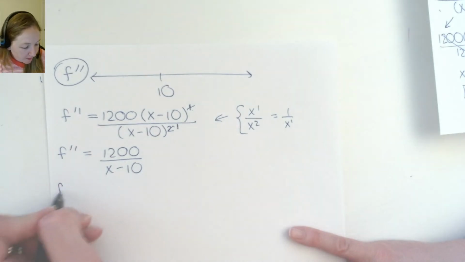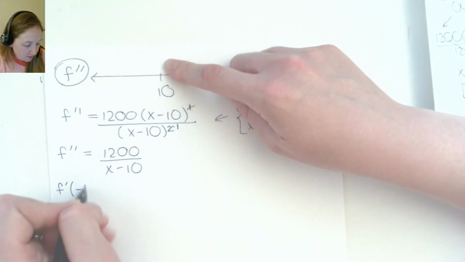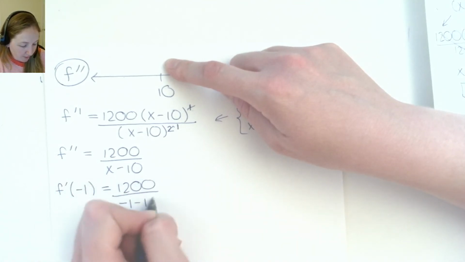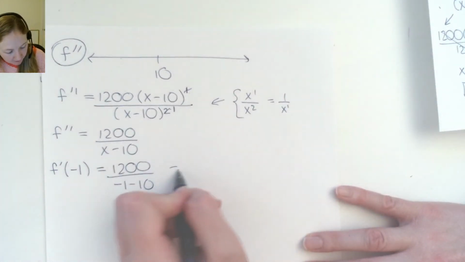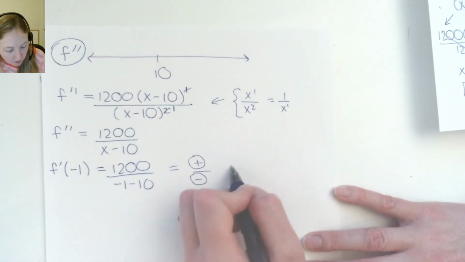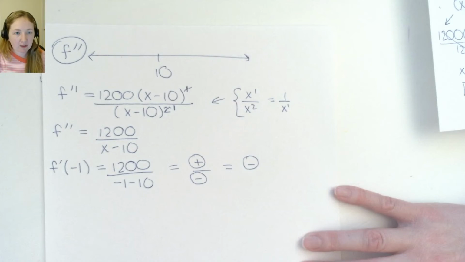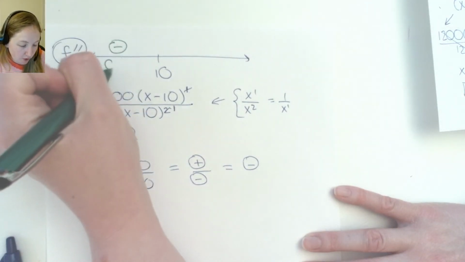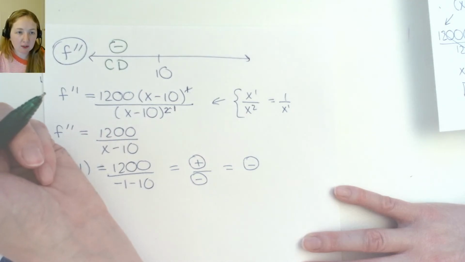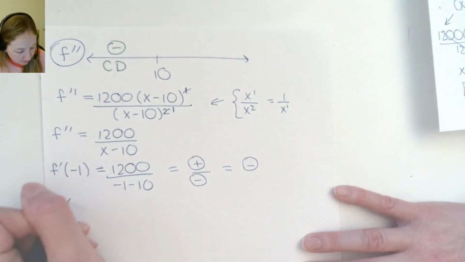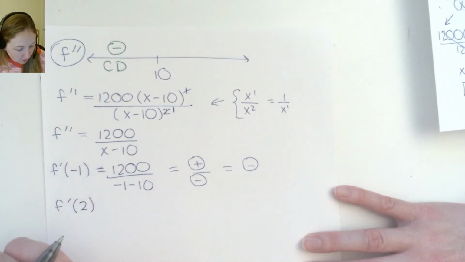So if I plug in a number to the left of 10, so let's say I plug in negative 1, I have 1200 over negative 1 minus 10. That gives us a positive over a negative. So that will give us a negative. So that negative tells us, because we're talking about the second derivative, that it's concave down. Meanwhile, to the right of 10, let's say I plug in 20.